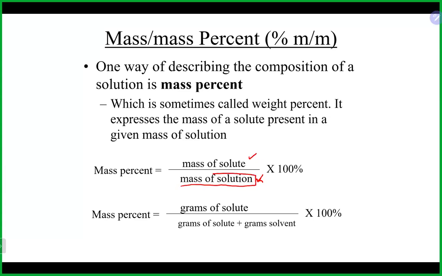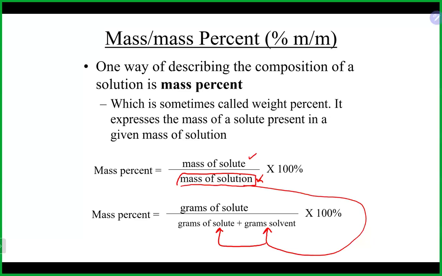The important part of this formula is actually the bottom. Remember that, as we just talked about, a solution is made up of two things: the solvent and the solute. You want to make sure that you get the mass of each of those. It's a very common mistake that people will only get the mass of the solvent and not the actual solution itself.